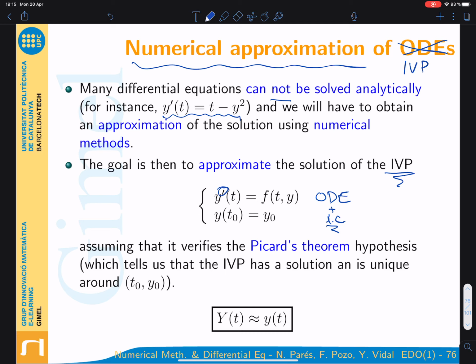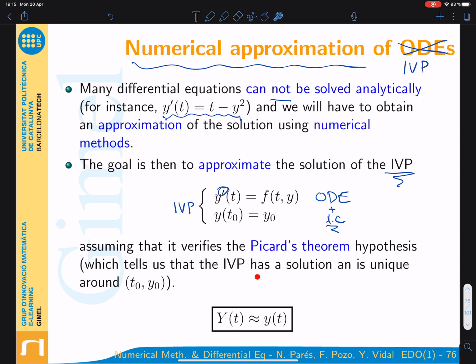Now, this is very important. When we want to solve approximately an initial value problem, we really need it to verify Picard's theorem, because this theorem tells us whether the problem has a solution and a unique solution.